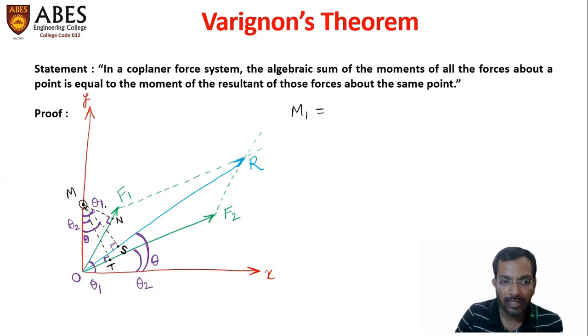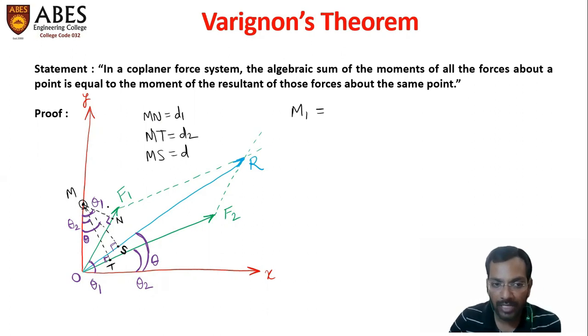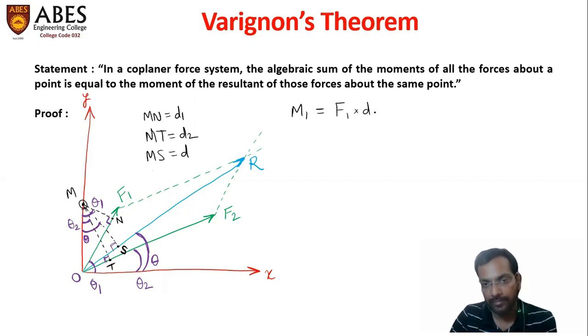We are assuming that MN is equal to D1, MT is equal to D2, and MS is equal to D. These are the lengths of each and every perpendicular. So M1 is equal to F1 multiplied by MN, that is, F1 multiplied by D1. So this is the value of the first moment.